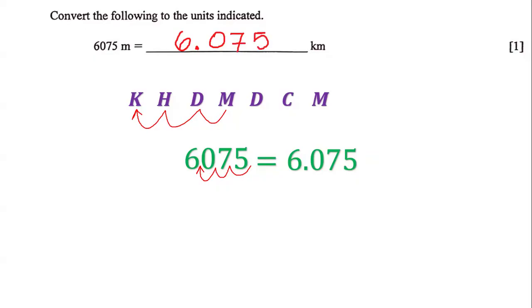It's not a big deal. Once you know that you're moving from meters to kilometers, you go 1, 2, and 3, and that means the decimal point moves 3 times to the left because you follow the same pattern. So it's going to be 6.075.